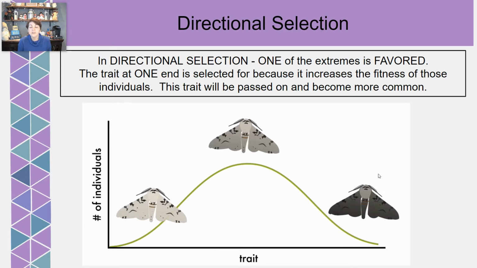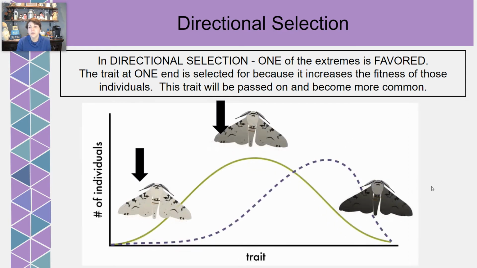So when we're looking at these moths, if there was a change in the environment where the trees became darker, we would see an increase in the moths that are darker and a decline in the number of moths that are lighter. So our changed graph would move in one direction. Notice now the intermediate is higher where the darker moths are. And so our graph shifted towards the one extreme in one direction. And so this is considered directional selection, when one extreme is more favored, is selected for.